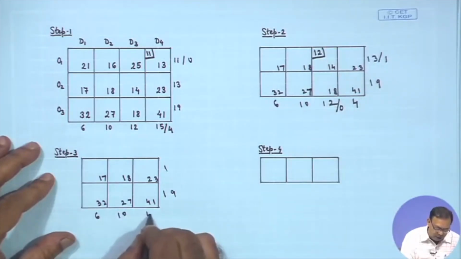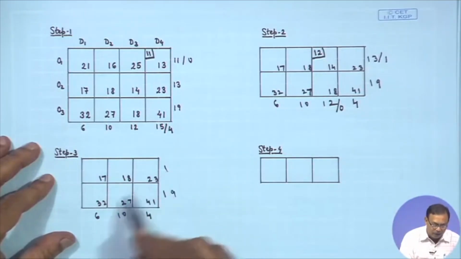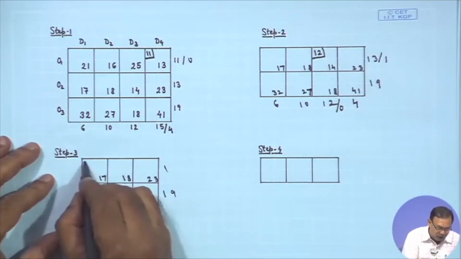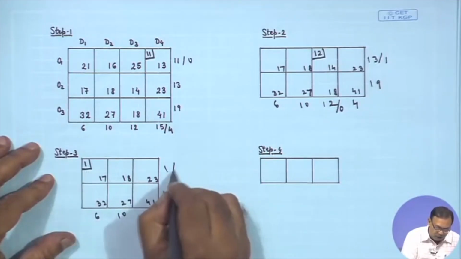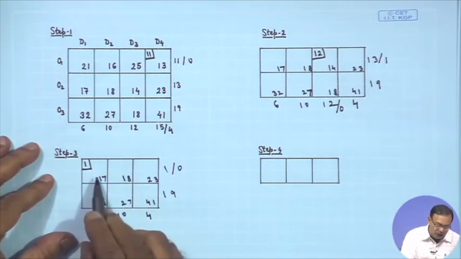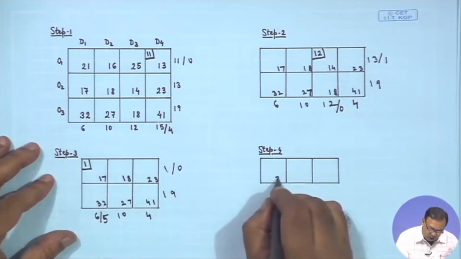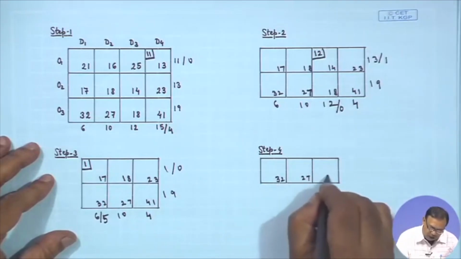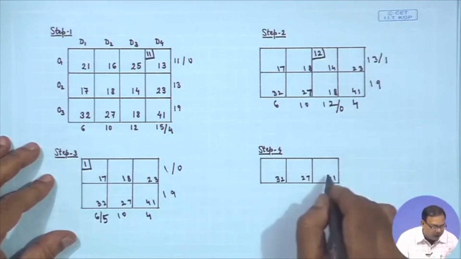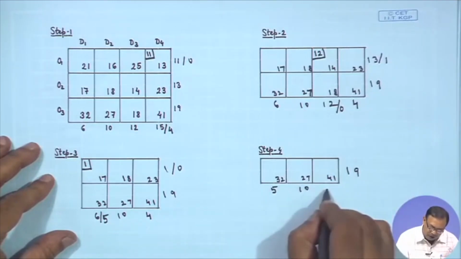Now the minimum of this is 17, and the minimum of 1 and 6 is 1. So you are allocating 1 and making this 5. Since I have allocated fully, now there will be only one row, that is 32, 27 and 41, and here it is 19, with allocations 5, 10 and 4.